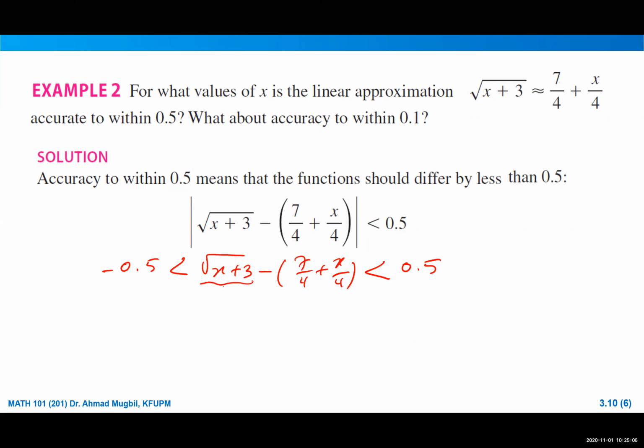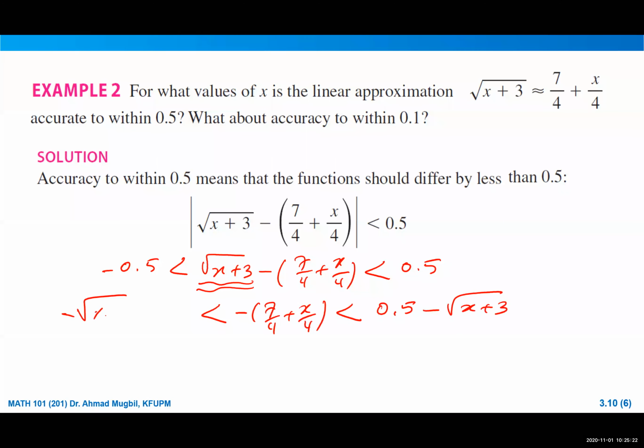Now let's add or subtract this from the 3 sides. So what will we have? Negative 7 over 4 plus x over 4 less than 0.5 minus square root of x plus 3. Here it will be greater than negative square root of x plus 3 minus 0.5. Now we need to multiply by this negative. So what will it be? 7 over 4 plus x over 4.